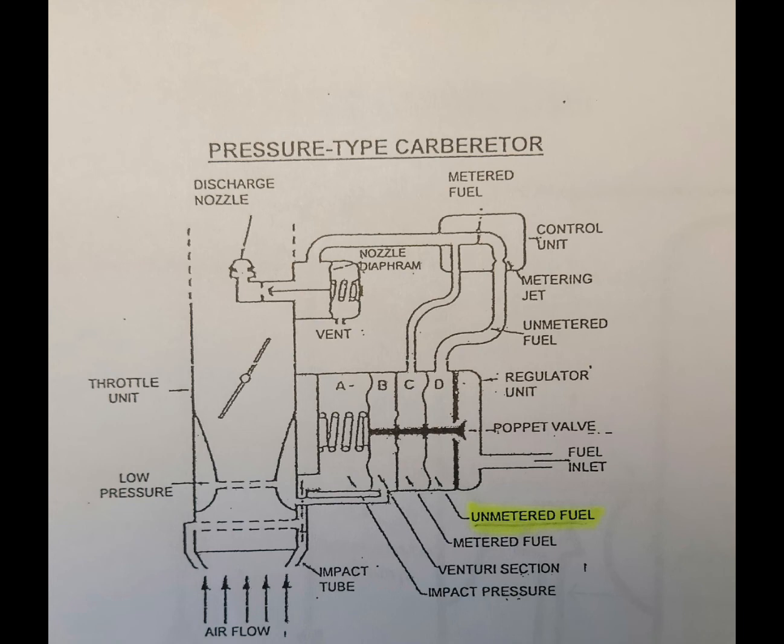Where does a pressure injection carburetor obtain fuel pressure? Boost pump for starting, engine-driven fuel pump for normal operations. What operates an automatic mixture control on a pressure carburetor?